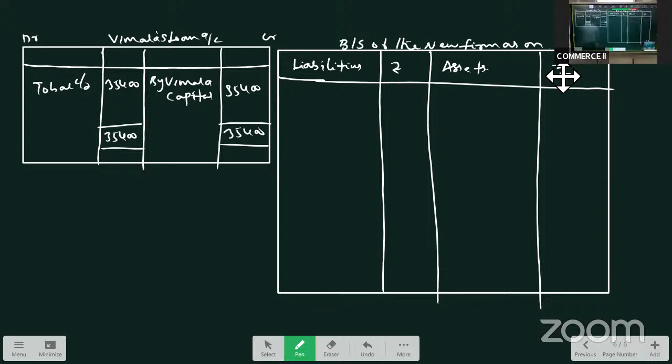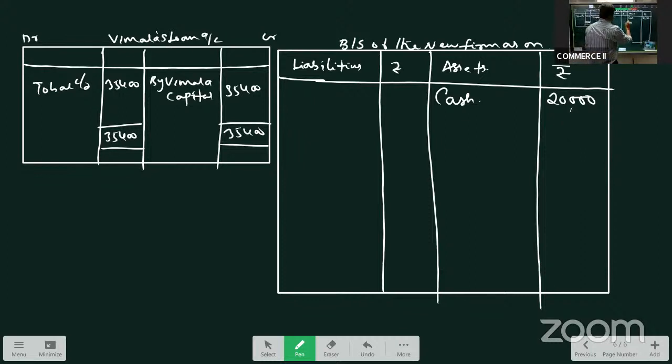So let us prepare it in the same sequence as given in the question. First is cash. What is the cash balance? 20,000. No change, right? As it is. Then debtors. Debtors are given as 60,000 and we have created a provision of 5%.